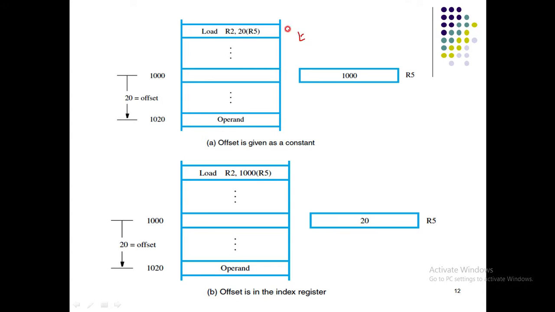Here your effective address, that is EA, will be equal to 20 plus your register R5. That is the meaning of load R2 comma 20(R5). It means that the effective address will be 20 plus R5, which will be loaded inside your R2.